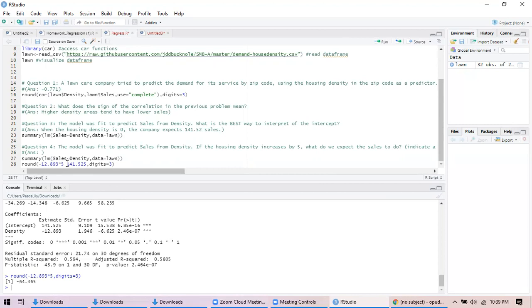What do I put here? Plus. Yeah, you're right, put a plus. It's a positive intercept. All right, so only 141.525, digits 3. Okay, try to run that one.